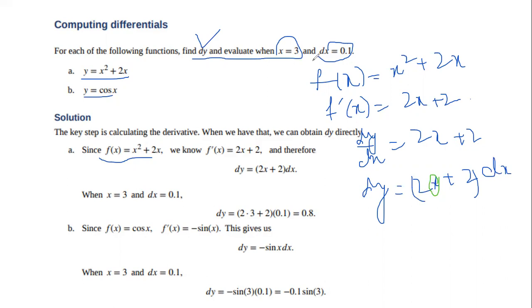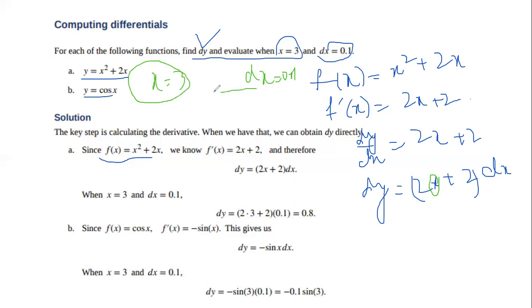Now the next thing is the value of dx equals 0.1, and I put x equals 3, and my answer will be 6 by putting x equals 3. Now x equals 3 and dx equals 0.1.